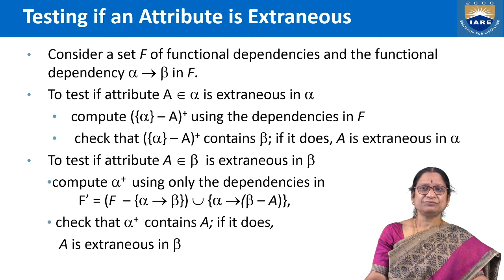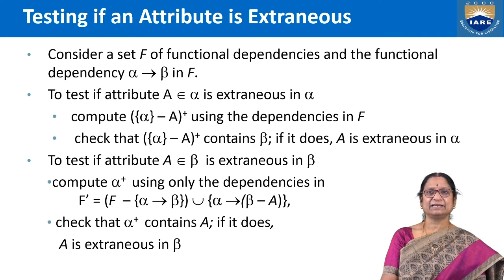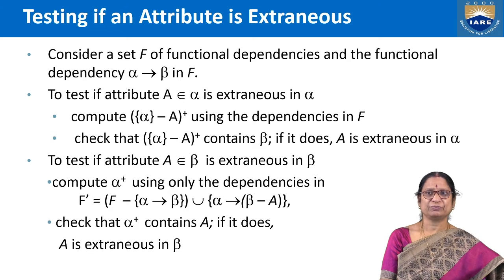Similarly, to test if an attribute A belongs to beta is extraneous, on the right hand side, we have to compute alpha plus using only the dependencies in F dash. What is F dash? F minus (alpha determines beta) union (alpha determines beta minus A). If you want to check the right hand side, the current FD must be removed and an FD added with the extraneous attribute removed. With this set of FDs, we need to compute alpha plus, the left hand side attributes closure.